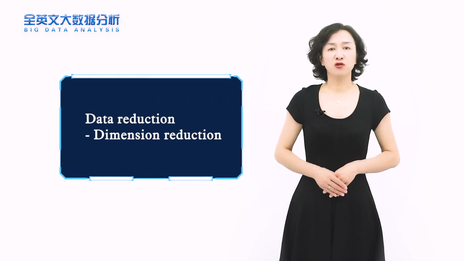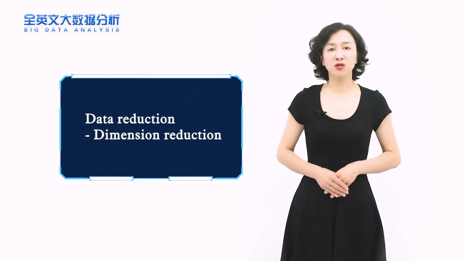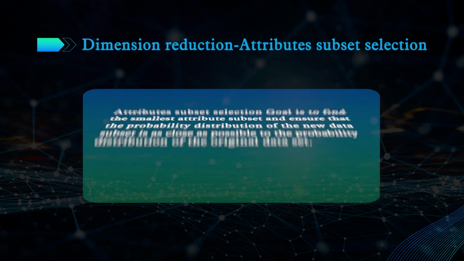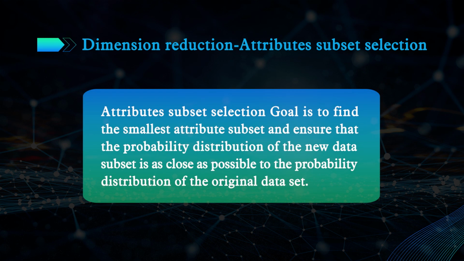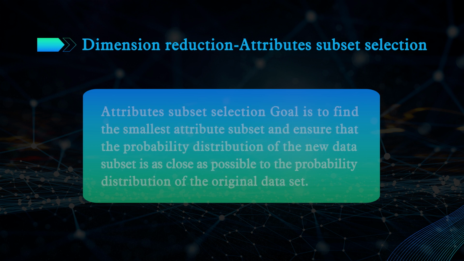Remove irrelevant attributes and reduce the amount of data processed by data analysis. The goal of attribute subset selection is to find the smallest attribute subset and ensure that the probability distribution of the new data subset is as close as possible to the probability distribution of the original dataset.